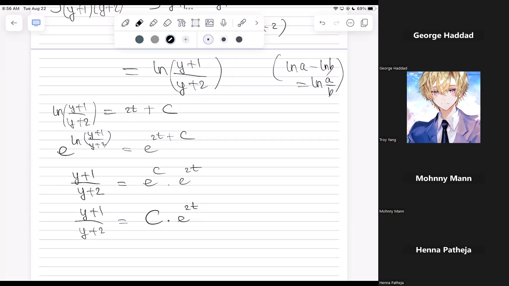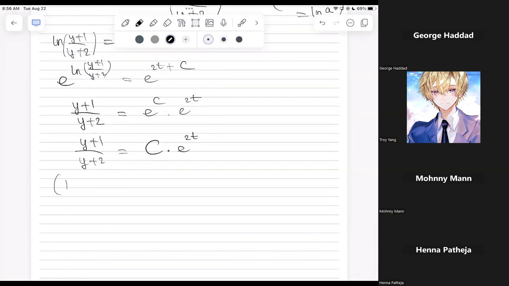Let me write it down clearly. Because e to the power c is a constant that only depends on the initial condition, we can replace e to the c by c.